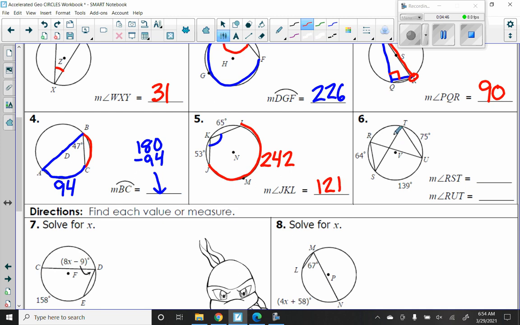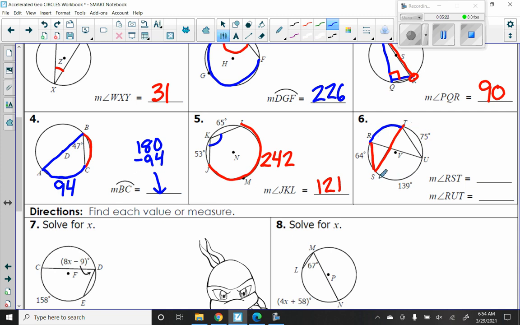Okay, so we have some intersecting, some triangles, a bunch of intersections here. So just take your time. Angle RST. RST is that red angle. It has to be half of this arc. I don't know that arc, but if you look carefully, I have 4 arcs that make this circle, and 3 of them are given: 75, 139, and 64.